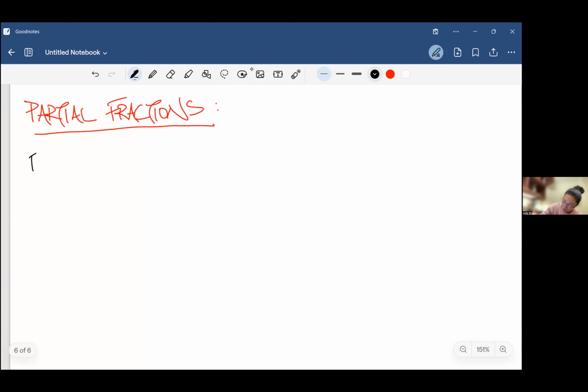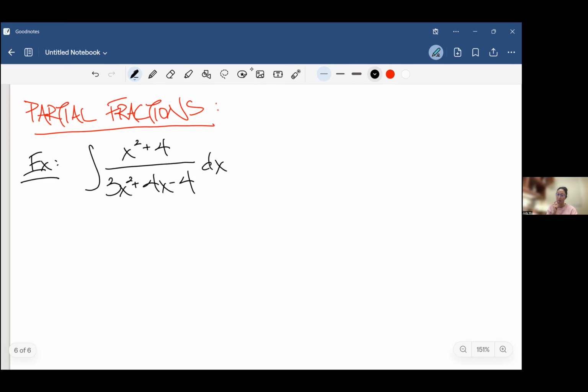Okay, so here's our example. We have the integral of x squared plus 4 over 3x squared plus 4x minus 4 dx. Okay. So one thing I might notice here is this kind of looks like our second example, I think, right?